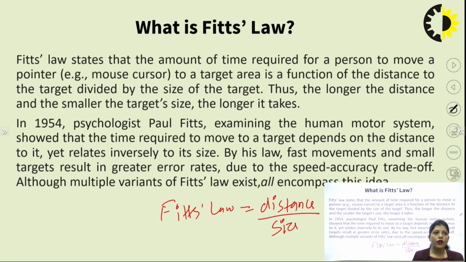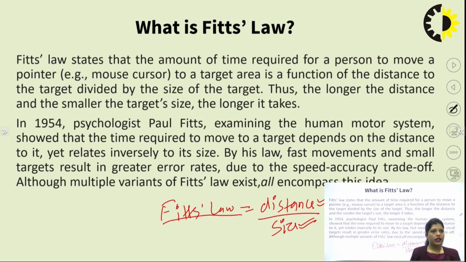In 1954, psychologist Paul Fitts, examining the human motor system, showed that the time required to move to a target depends on the distance to it. So basically the movement time in Fitts law is directly proportional to the distance, and inversely proportional to the size of the target.